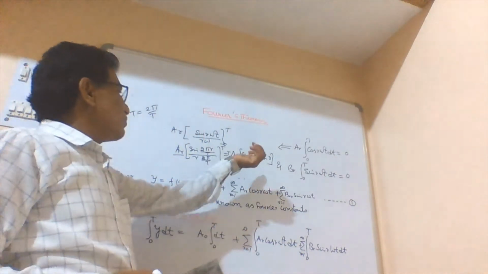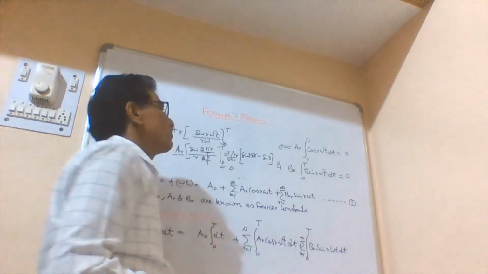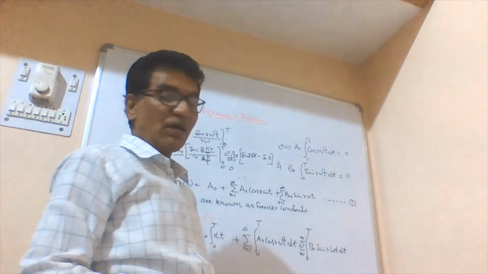Sine pi r, sine 2 pi r, and so on, all are 0, so this comes out as 0. Same is applicable for the integral br 0 to T.